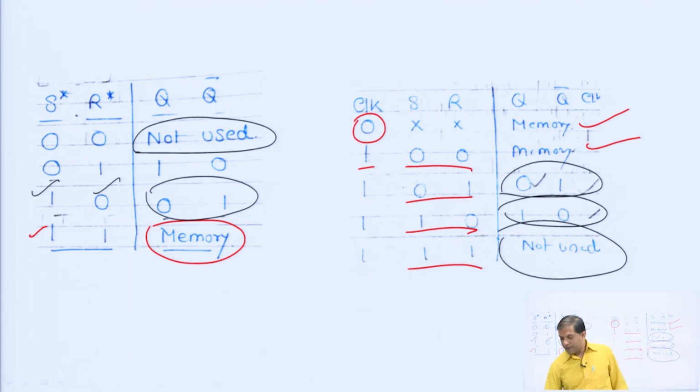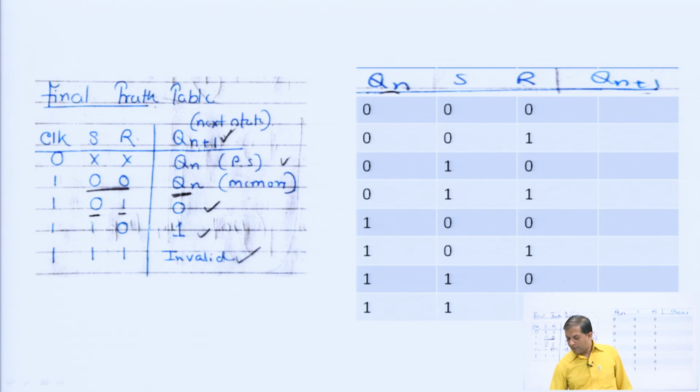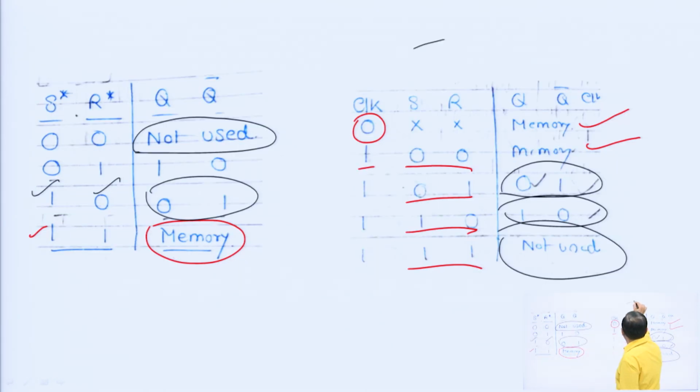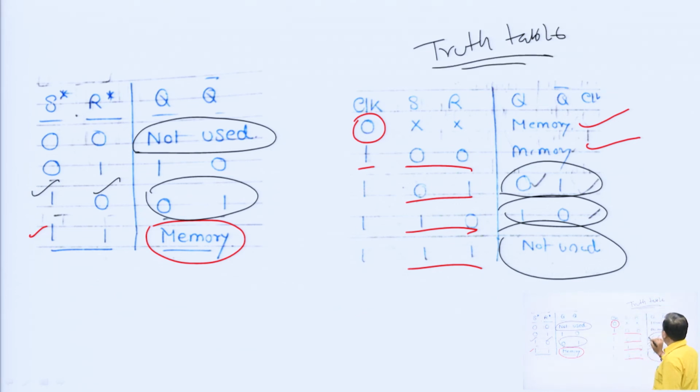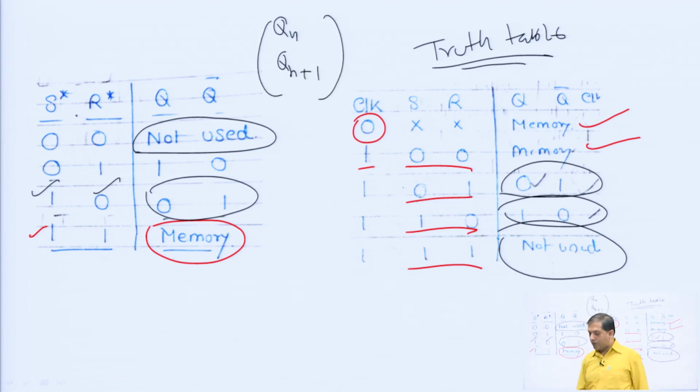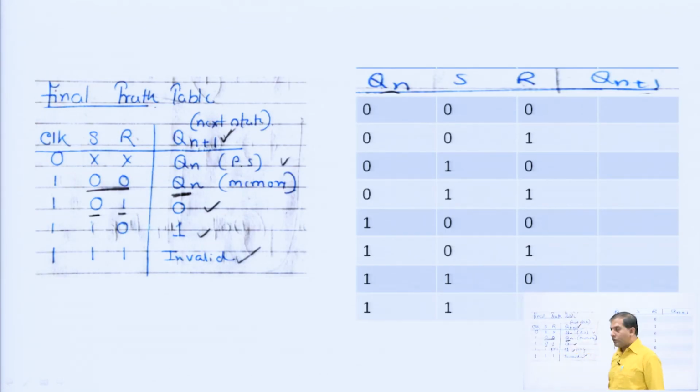Now, to design the SR flip flop, we will check from this truth table, from which we get Q bar as well. Now, 2 states are there, present state and next state. If the present state is Qn, the next state will be Qn plus 1. With that concept we will design the final truth table.